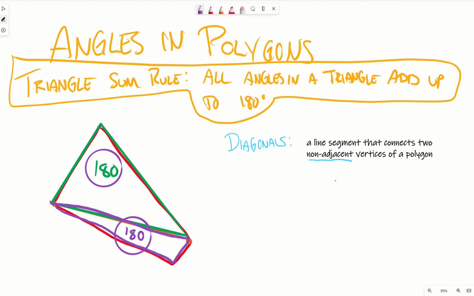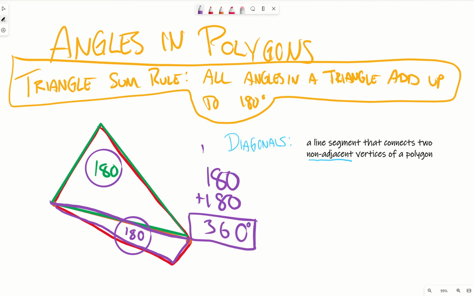Well, 180 plus 180 is 360 degrees. All quadrilaterals have 360 degrees. Okay, and we can do this for all of our shapes. We can make diagonals and make triangles for all of our shapes. So once we make our diagonals, the diagonals are making triangles that help us know how big our shapes are.